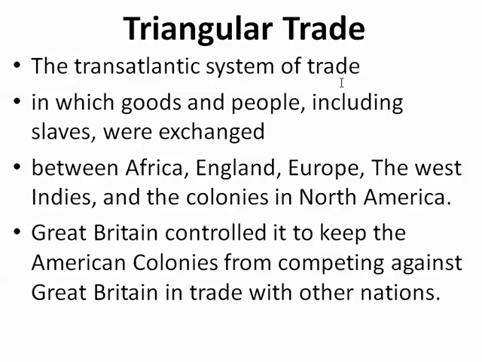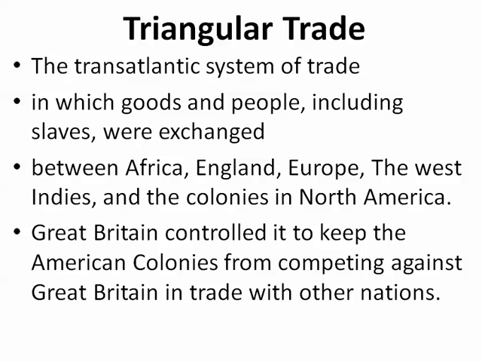So the transatlantic system of trade, goods and people, including slaves, we're going to talk about that in a little while, the Middle Passage, were exchanged from Europe to where the colonies were. This trade is going to happen between Africa, England, Europe, the West Indies, and the colonies in North America.